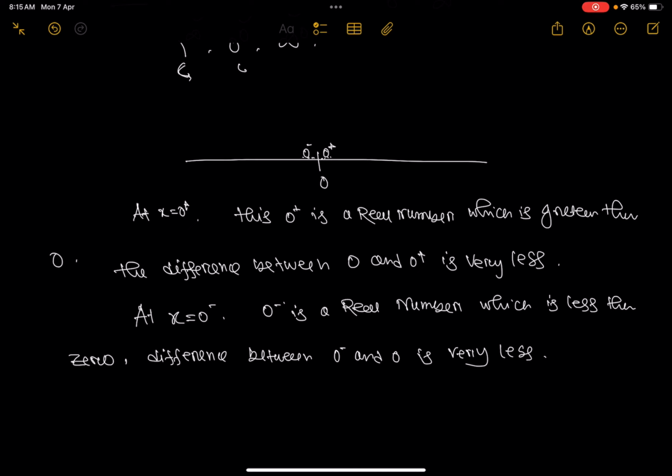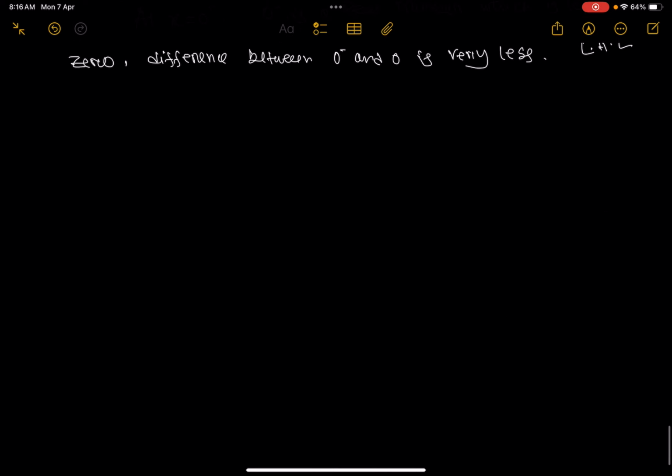At x equal to 0 minus, we take from 0 to the left hand side, and going to the right hand side is 0 plus. For this case, this is called the right hand limit, this is called the left hand limit. By the concept of neighborhood, we find a limit at x equal to a point A.